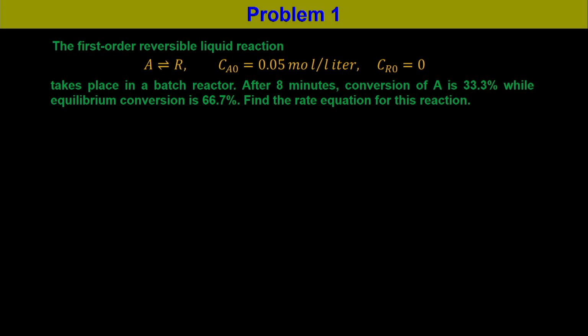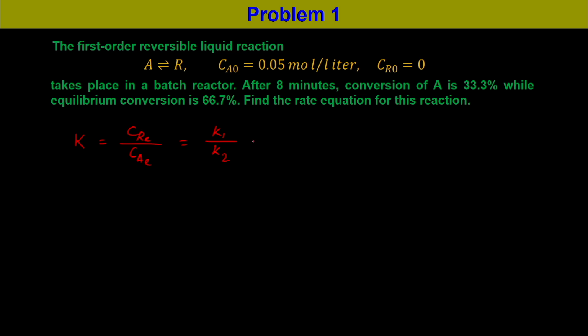Now, from thermodynamics we know that the equilibrium constant K is equal to CRE, the equilibrium concentration of the product, divided by CAE, the equilibrium concentration of the reactant, is equal to K1 by K2.